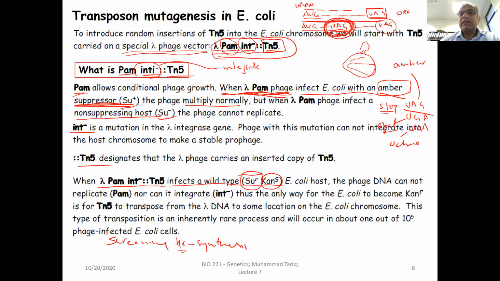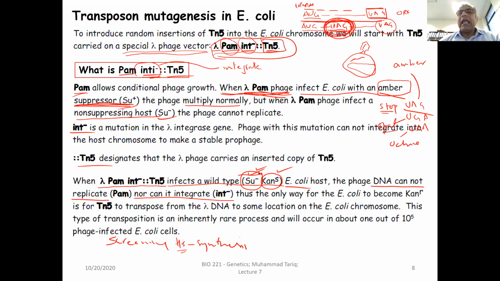Okay, two things. We are infecting an E. coli host which is sensitive to kanamycin, as well as it does not carry the amber suppressor. Now, what will happen? The phage will not be able to replicate because there is no amber suppressor, nor can the phage DNA integrate into the host genome. So the phage will infect, the DNA of the phage will go inside the bacteria.